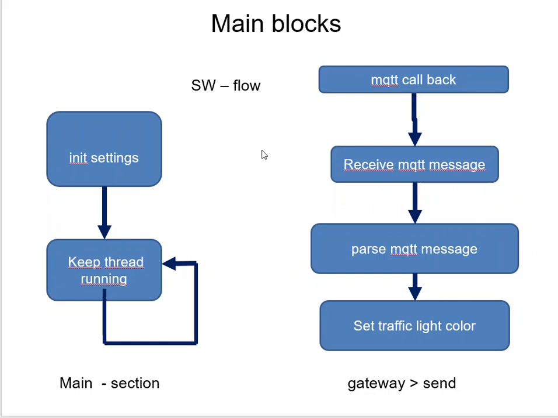So when there is a message from the broker, this callback will be called, and then we start analyzing the message. First, we have to check that there is the right topic and some other things. And then, if it's okay, we take the message and parse it. We dig out the right information that we require, and according to those commands, we then set the certain traffic light on or off.